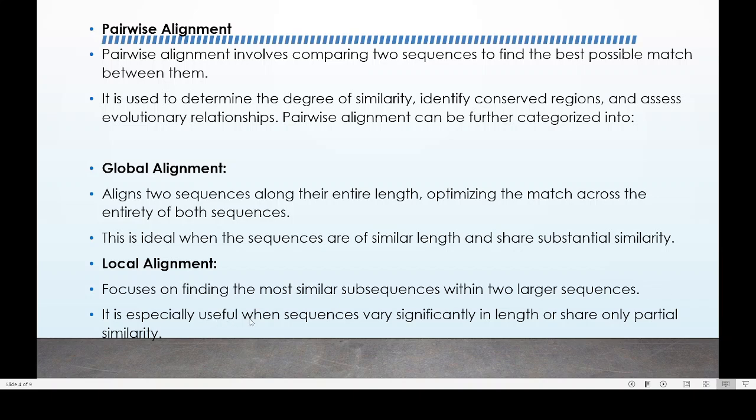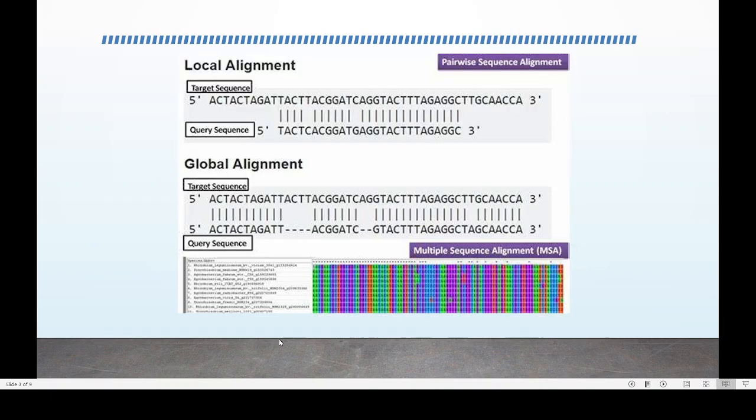It is especially useful when sequences vary significantly in length or share only partial similarity. For example, here this is one sequence, this is a second sequence. We try to align those regions where there is maximum similarity. If we put the sequences like this, we can find maximum similarity in this region, in the middle of the sequence.